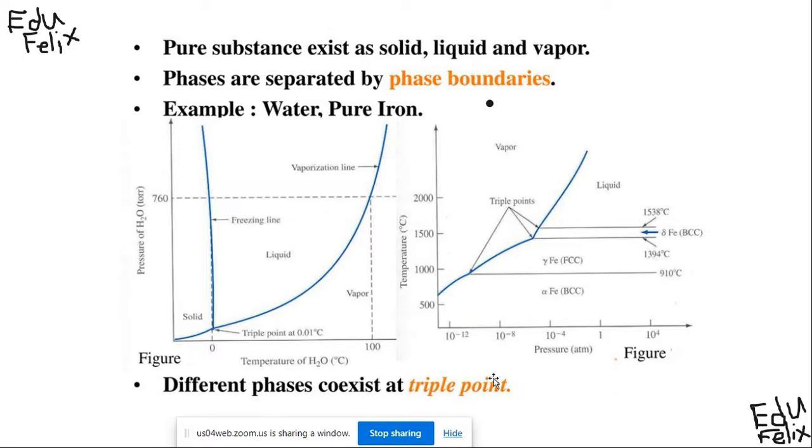Then different phases coexist at the triple point, right? Triple point means three phases are equal, but in the previous cases we had only binary systems, that means liquid and vapor, or solid and liquid, likewise. But at the triple point you can identify solid, gas and liquid, all three at the same point, right?